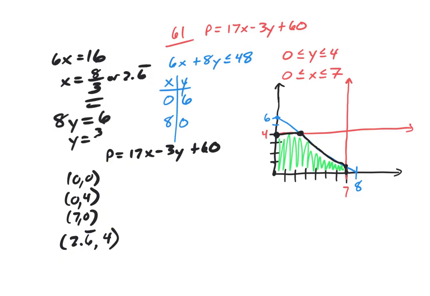And 6 divided by 8 would be 3/4. Okay, so over 7 and up 3/4, which is just a little bit less than 1. So that point should make sense, right? 3/4 is slightly less than 1. So my fifth ordered pair is 7 and 3/4.